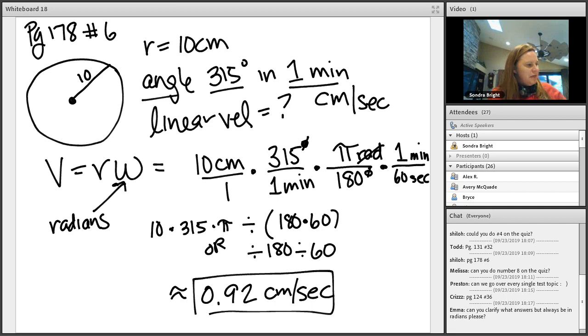It's page 178, number 6, number 8 on the quiz. So that's very similar to the one I just did previously. When they ask you how far does the angle move, how far is a distance, and that is arc length.